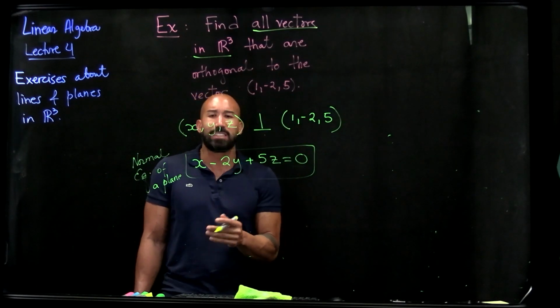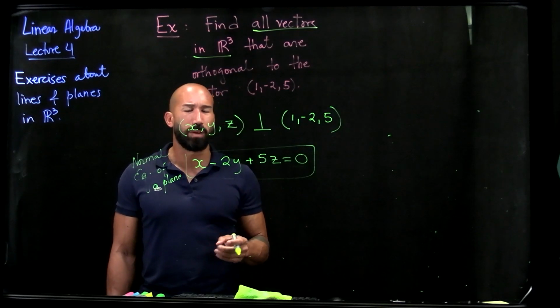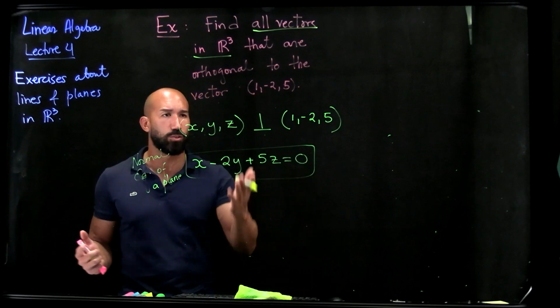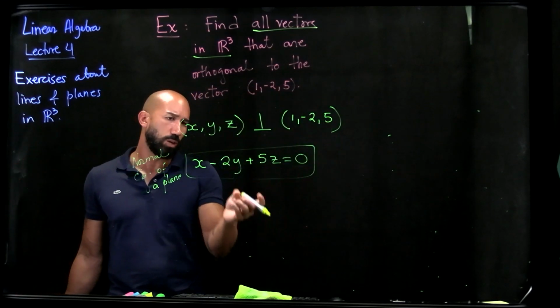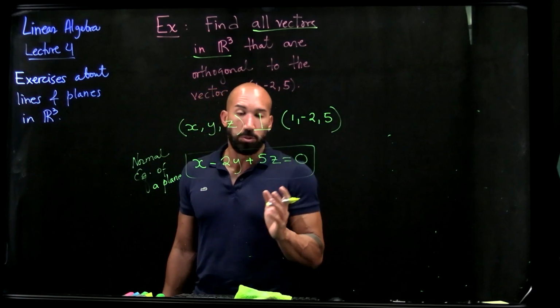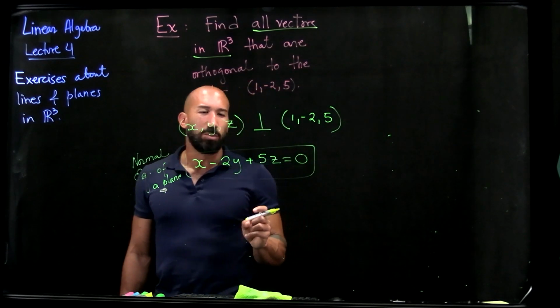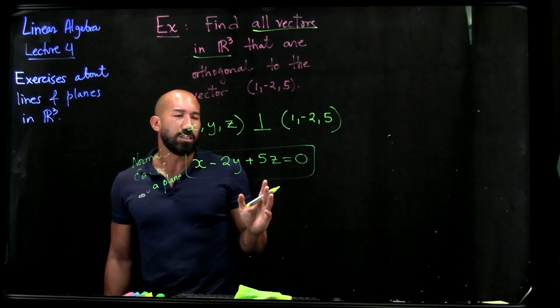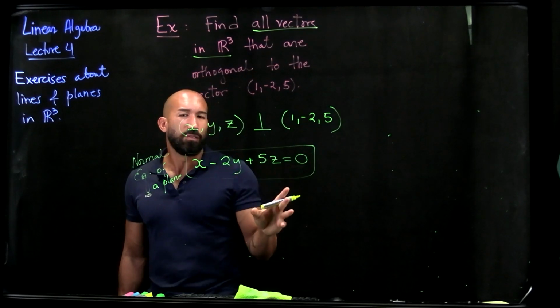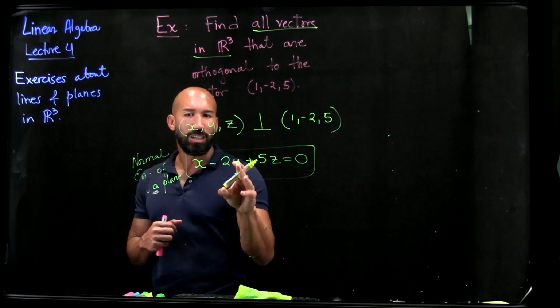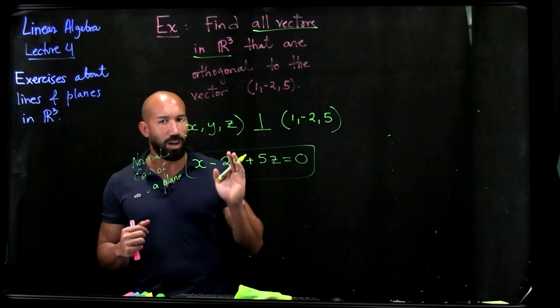Let's say that this equation is a normal equation, but this is pretty difficult if I want 5 vectors satisfying this, or 10 vectors. I don't know how to use this equation for that. To me, this equation is more convenient for verifying whether a given vector is on that plane or not.